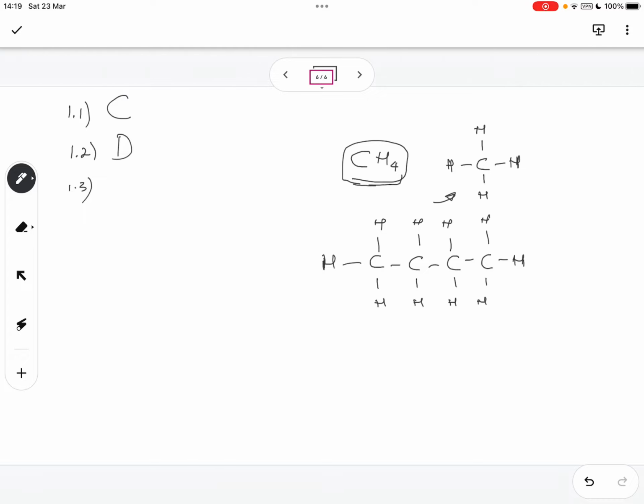So now that we've looked at how the density changes as the chain of the hydrocarbons increases, we're going to write these down as chemical formulas. So instead of writing them, what do you call this type of formula? Condensed structural. Yeah, this is structural.